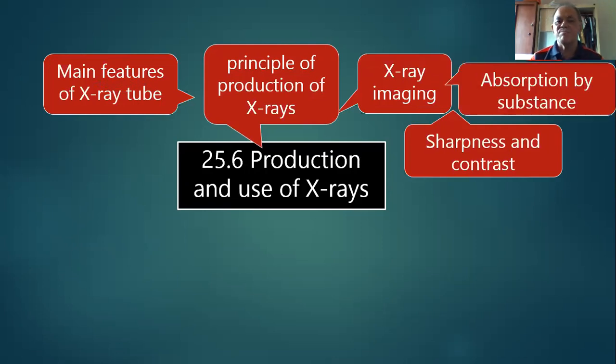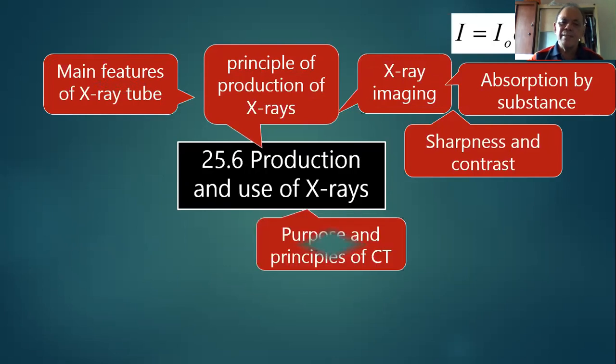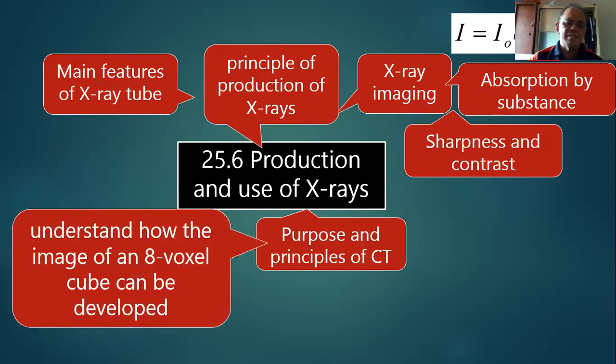When we say substance, it's more of your body tissue. That is the formula we introduce. And then the purpose and principle of CT scan. Understand how an image of an 8-pore cube can be developed. Usually they use 4 rather than 8. I don't know why the syllabus still wants to use 8.